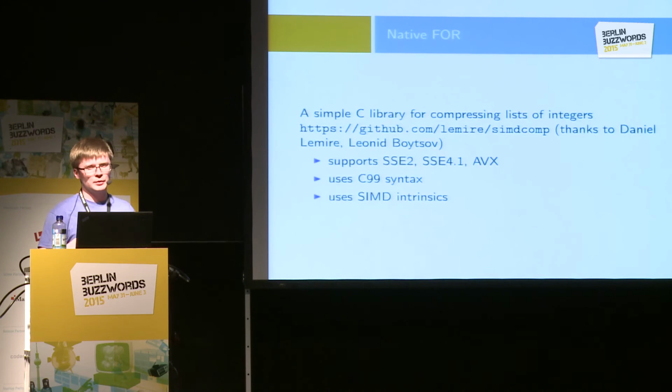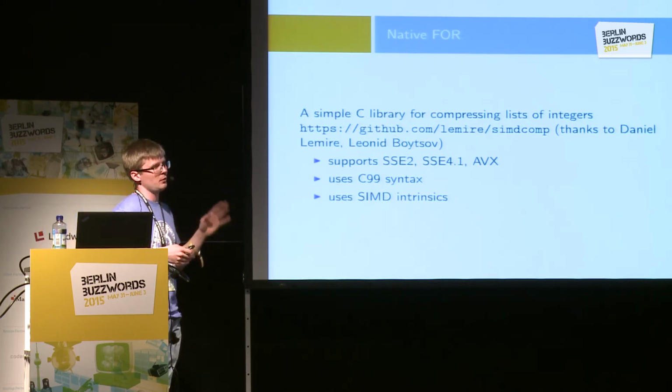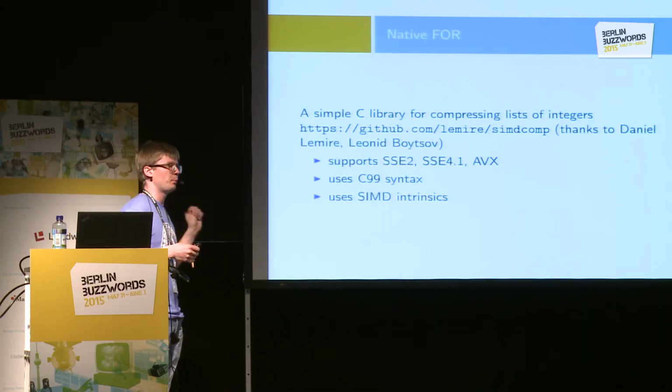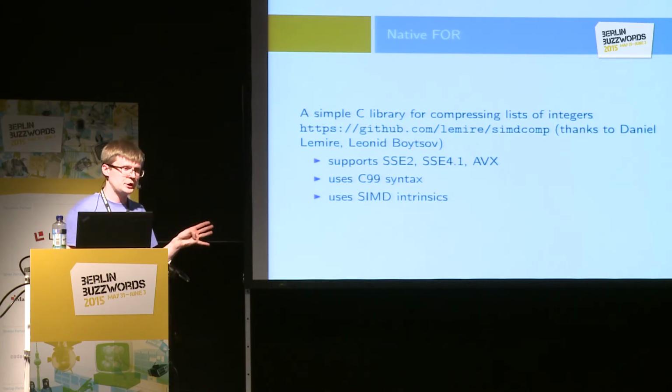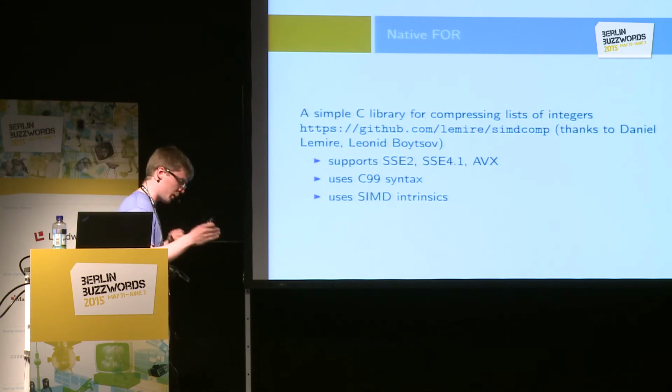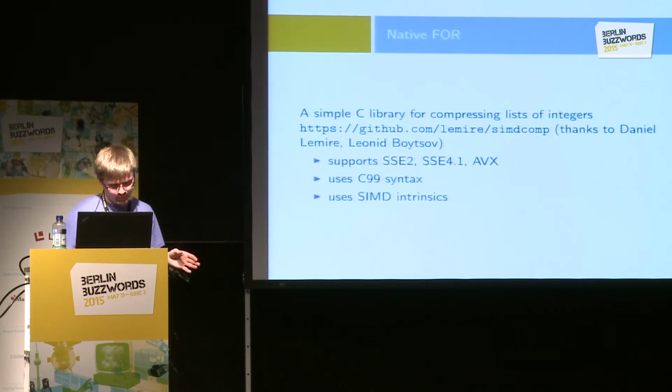In scalar mode, we can utilize only 4 integer operations per clock. In this case, we can utilize about 10 instructions per clock, because SIMD registers are very wide. There are a lot of registers.